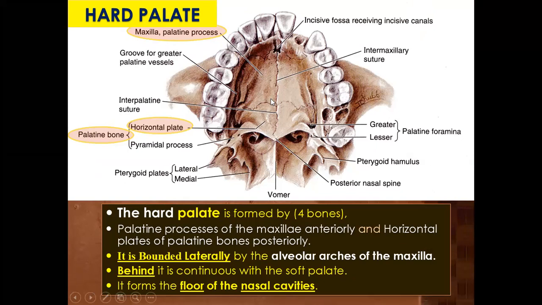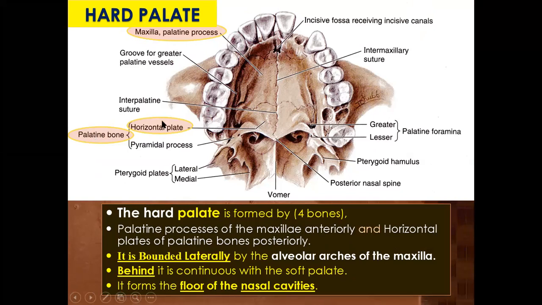The hard palate is formed by four bones. Which are those? The palatine process of the maxilla anteriorly and the horizontal plate of the palatine bones posteriorly. Here, this is the palatine process of the maxilla on either side. They are in pairs, the palatine process of the right side and the left side. Then behind we have the horizontal plate of the palatine bone.